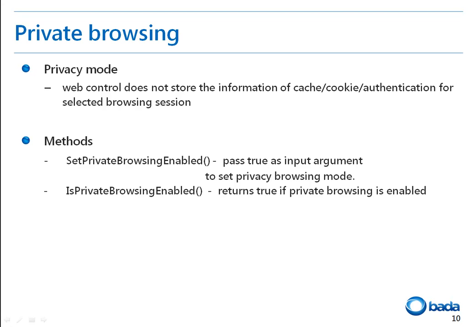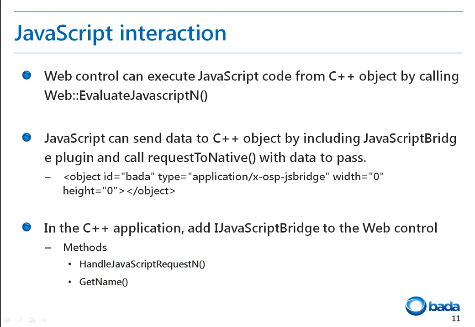There are two interaction methods that you can have with JavaScript. Using the web EvaluateJavascriptN method, you can execute the JavaScript code from the bada C++ object. We'll look at a sample later in the presentation.